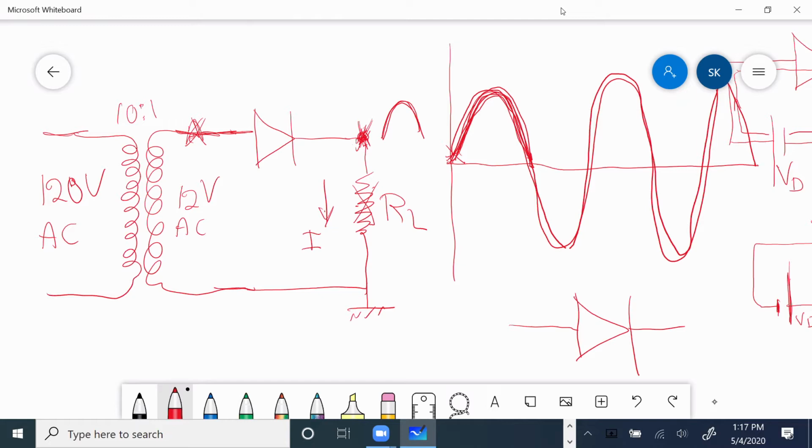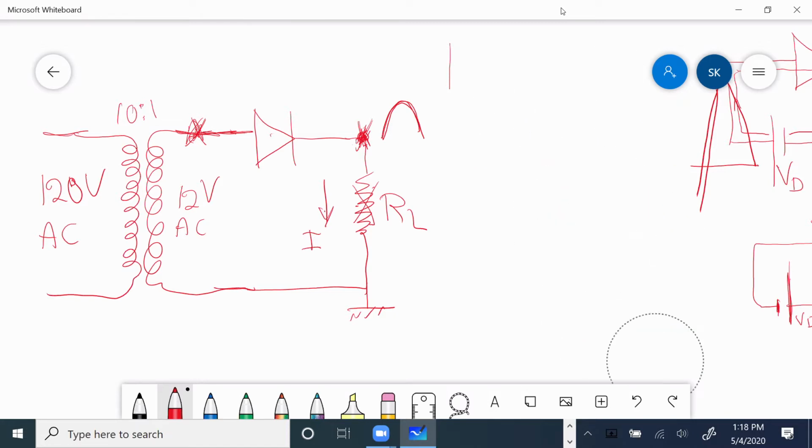But then, when this voltage goes negative, obviously this diode will not conduct. There will be zero I, and if it's zero I, there is zero voltage. So I am going to see the voltage that I saw initially.